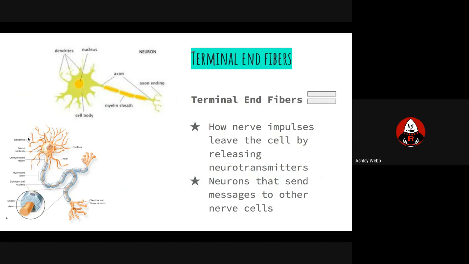So we have the dendrites on the end that gather the sensory information, send it into the cell body where it can be interpreted in the nucleus, and then it's sent down the axon all the way to the terminal ends, where they release those neurotransmitters.